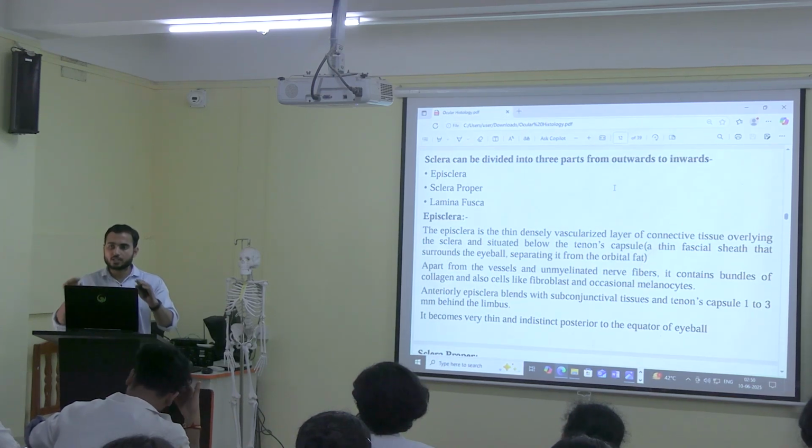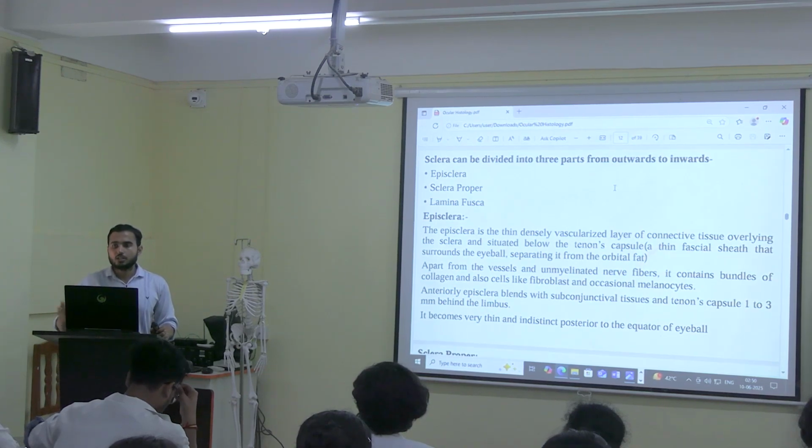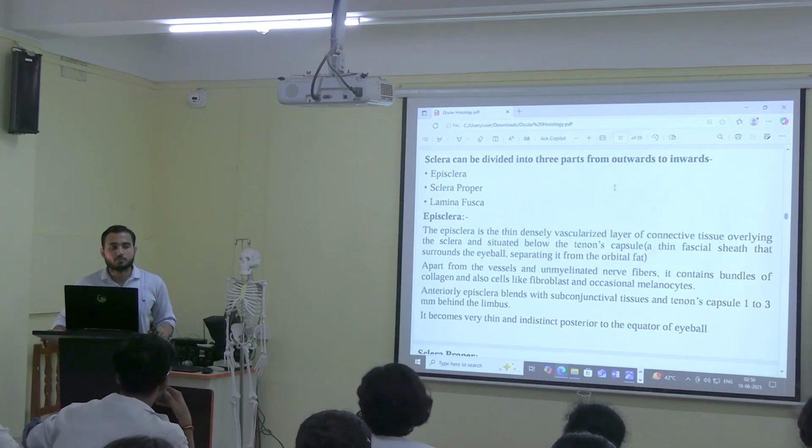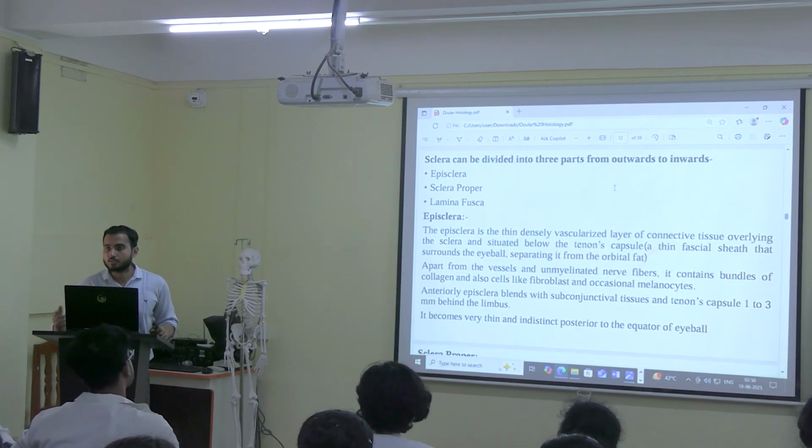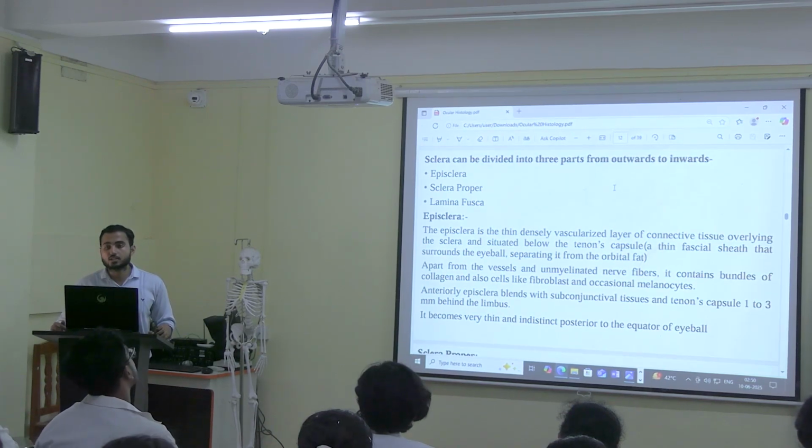Tenon's capsule is actually a covering of the eyeball which separates it from the fatty tissue which is present in the orbit. The eyeball inside the orbit has fat for cushioning, or you can say adipose tissue. That adipose tissue is separated by the Tenon's capsule.